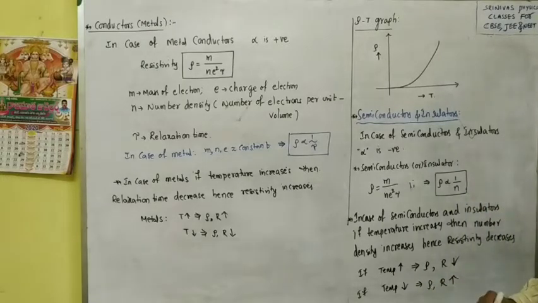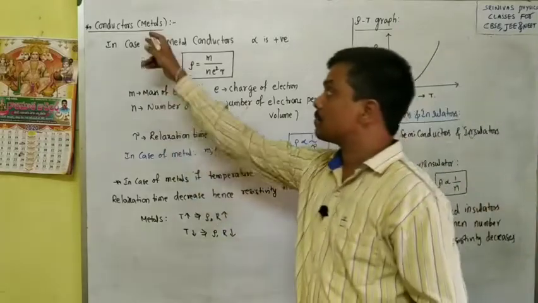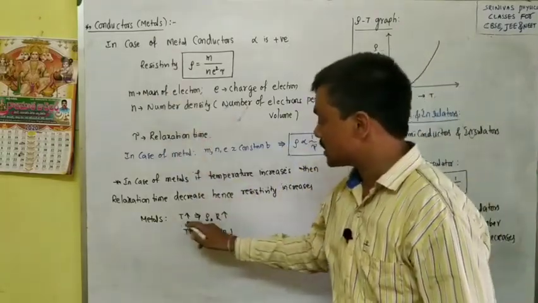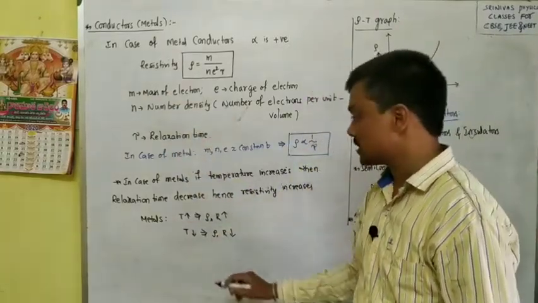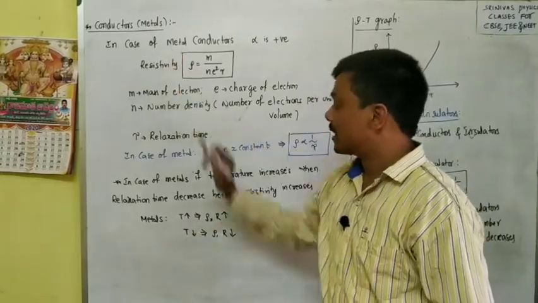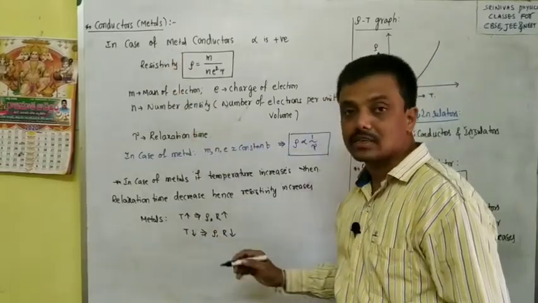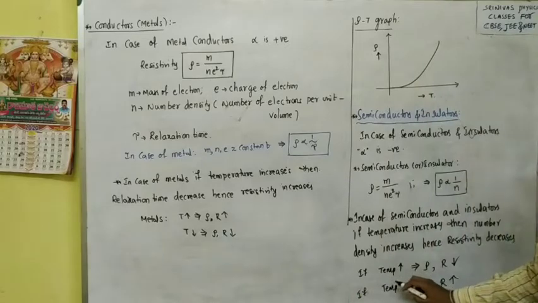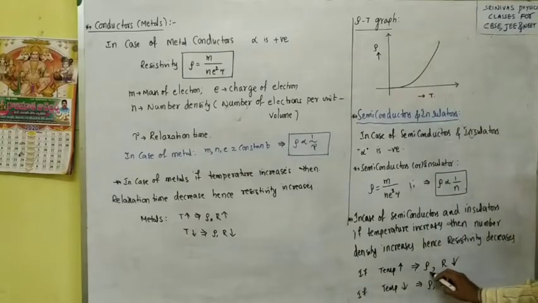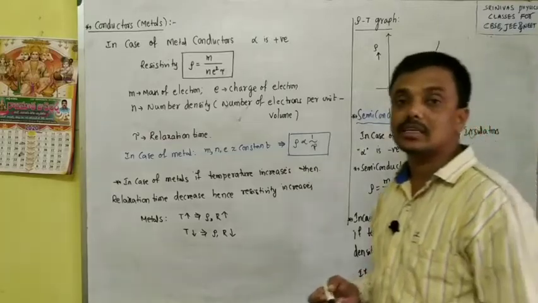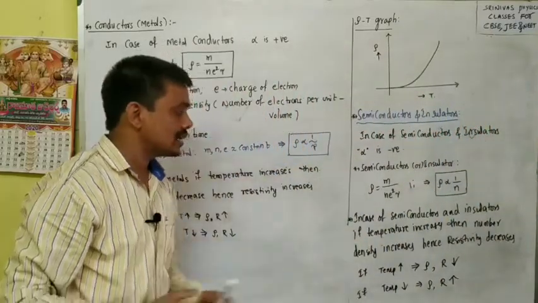This is the opposite nature. In case of metals, if temperature increases, resistance and resistivity increase; if temperature decreases, they decrease. But in case of semiconductors and insulators, when the temperature increases, resistivity and resistance decrease. Opposite behavior will be there.